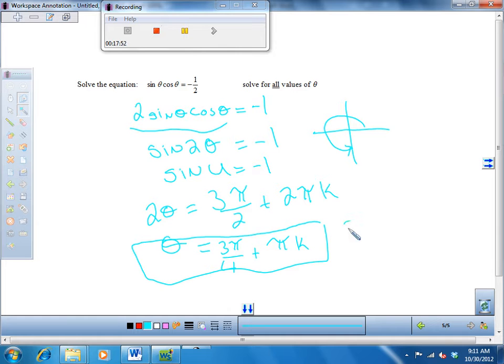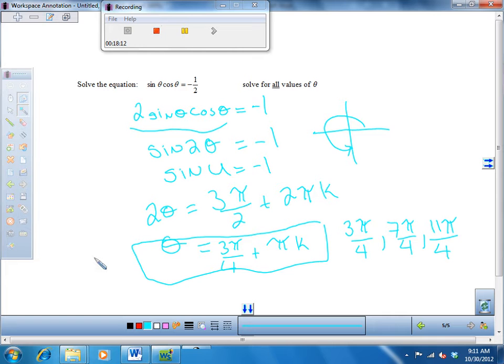If I want to list some of them, 3 pi over 4, then 4 pi over 4 more, which is 7 pi over 4, and then 4 pi over 4 more, because that's pi k, 11 pi over 4, and so on.